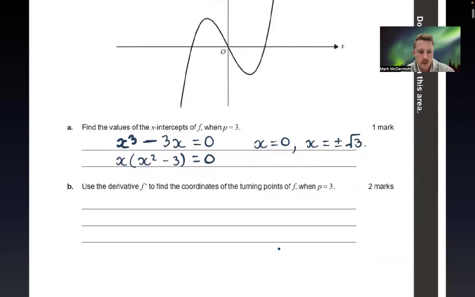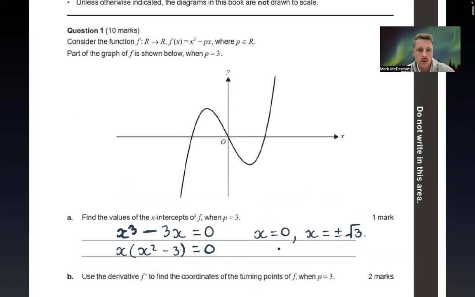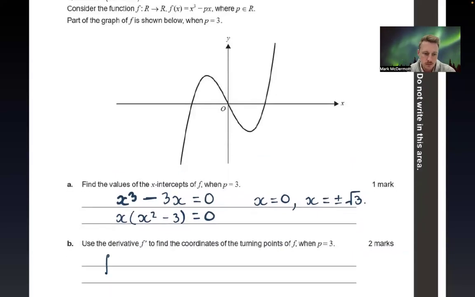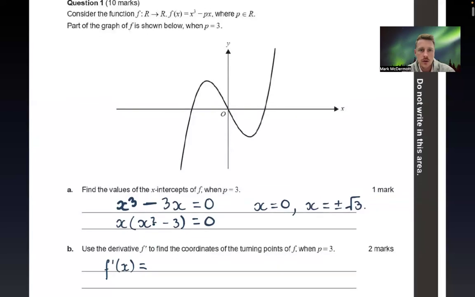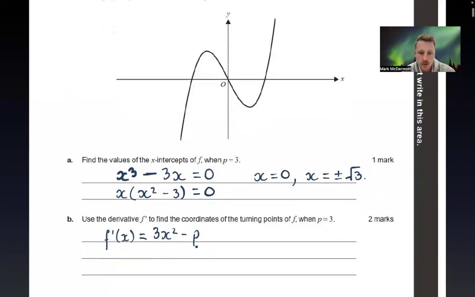Use the derivative f dash to find the coordinates of the turning point of f when p equals 3. So the derivative f dash of x is going to be 3x squared minus p. Find the coordinates of the turning point.